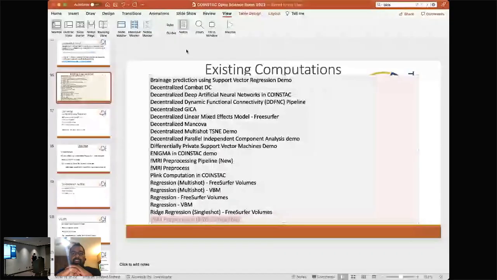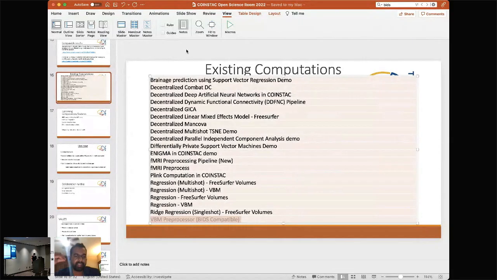If we want to use the sMRI data, like the T1 maps, and run the VBM pipeline computation in COINSTAC, it accepts BIDS format. It was created about 6 months ago, which means that whatever the latest BIDS format was at that point, we used the Python package PyBIDS to validate the BIDS data and use it.